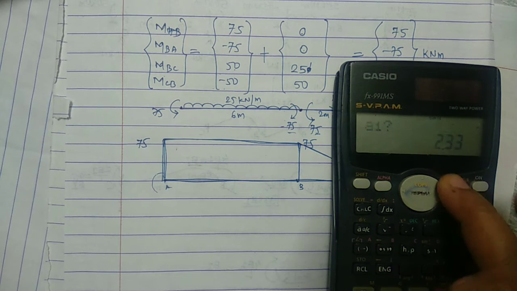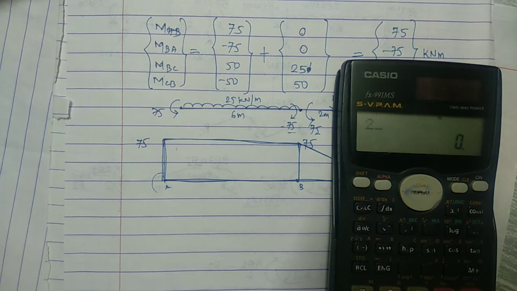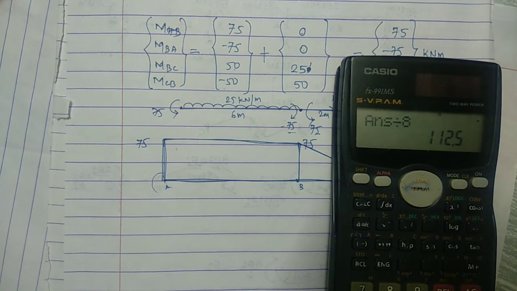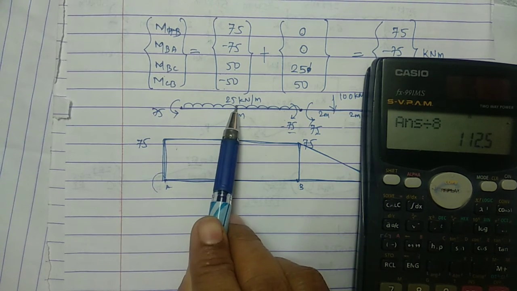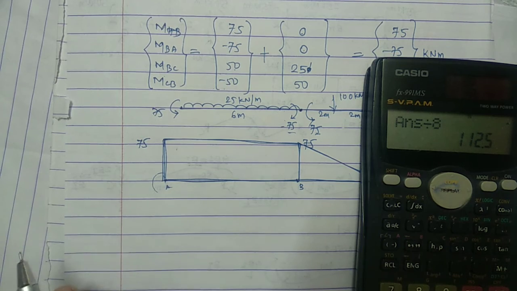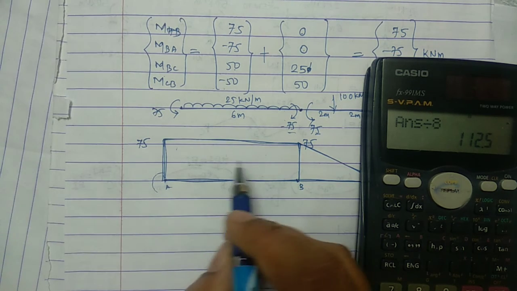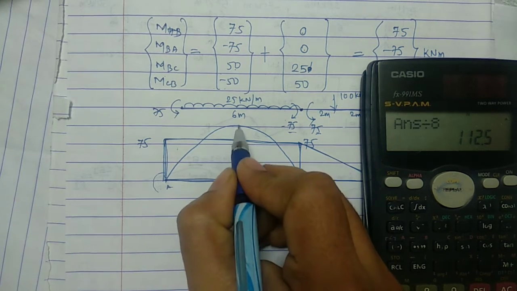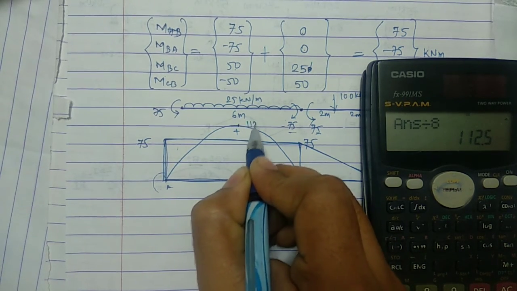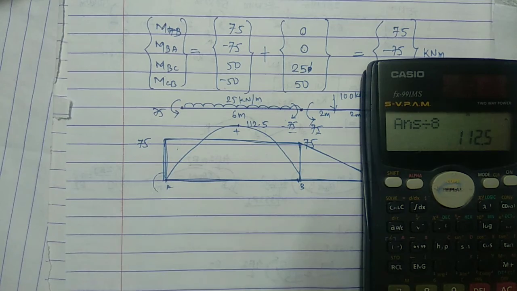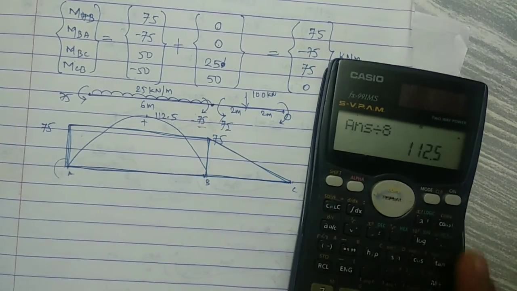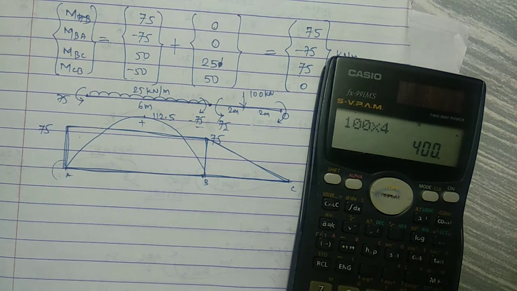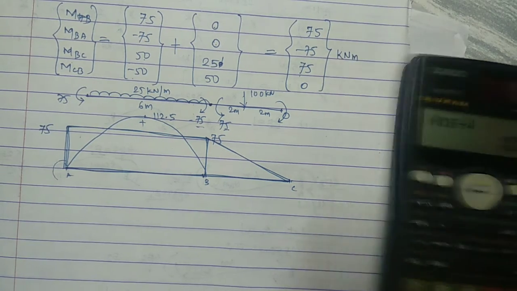Okay, so here 25 into 6 square, wL square upon 8. That is the maximum bending moment for this UDL. So it is 112.5 and it is in a parabolic shape. So here this positive 112.5 kilonewton meter, and under this point load, WL upon 4, that is divided by 4, it is 100.